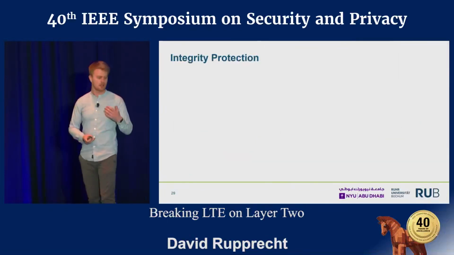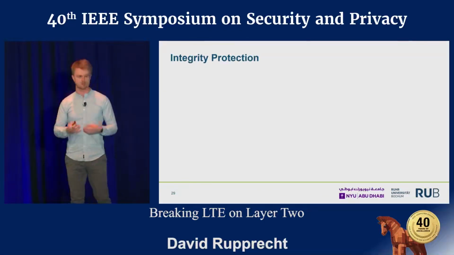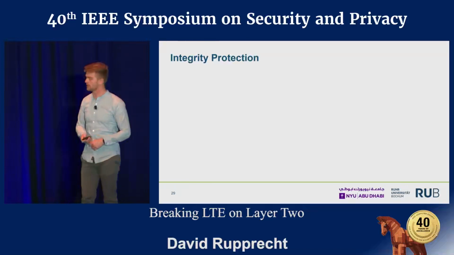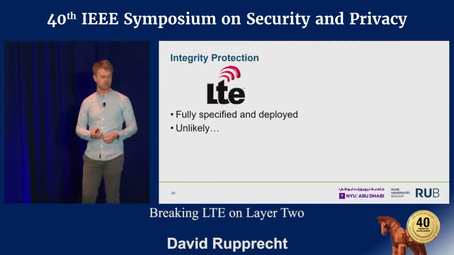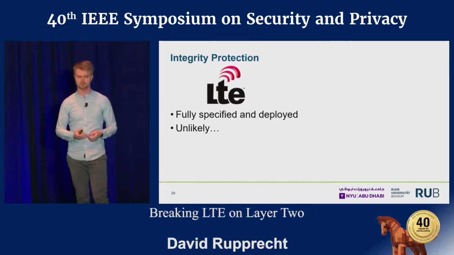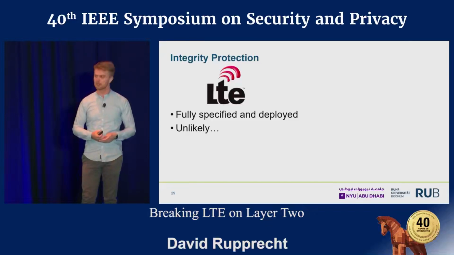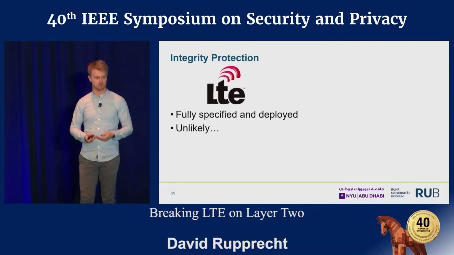The question is how we can prevent this attack, obviously with integrity protection, and in particular on the user plane. LTE is now fully deployed, fully specified, and we all use it. So to be honest, it is unlikely that there will be any change on LTE.